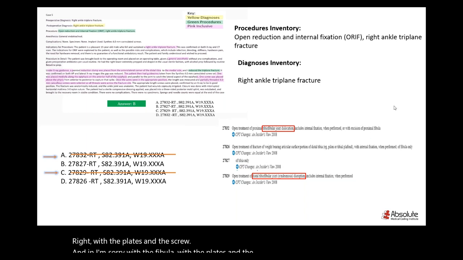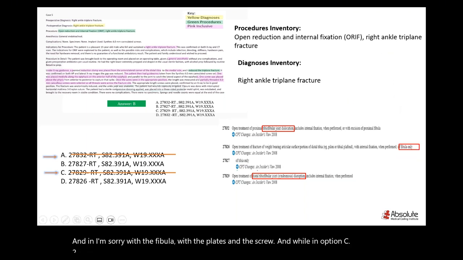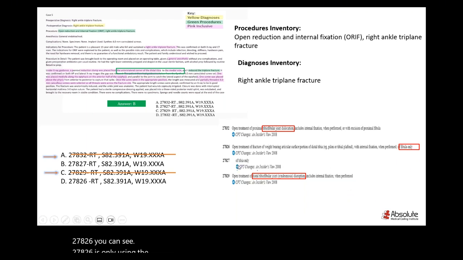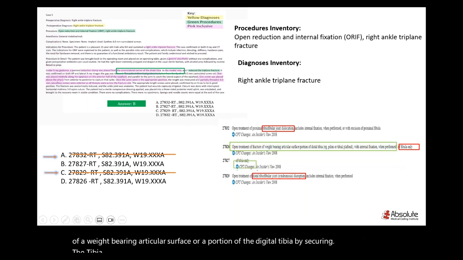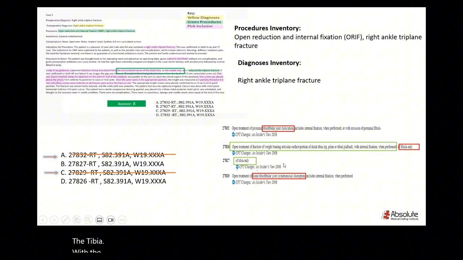And while in option C, 27826, you can see 27826 is only using the fibula, while 27827 involves a provider surgically fixing a fracture of a weight-bearing articular surface or a portion of the distal tibia with the screws, plates, wires, and pins.